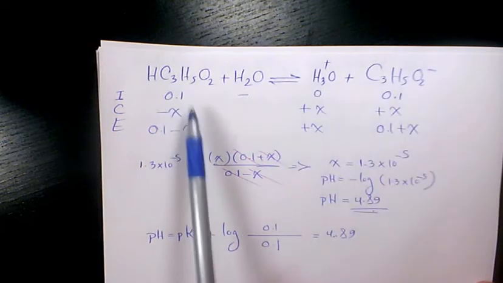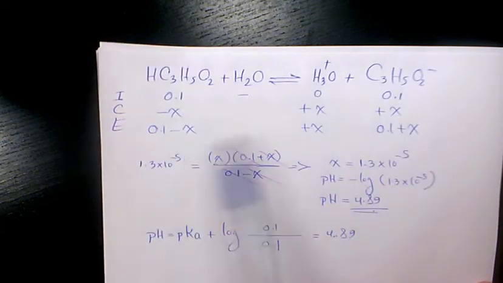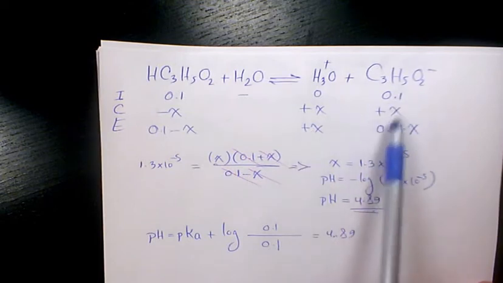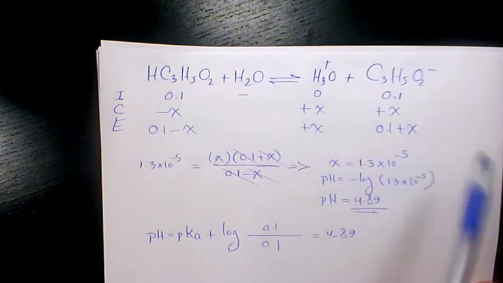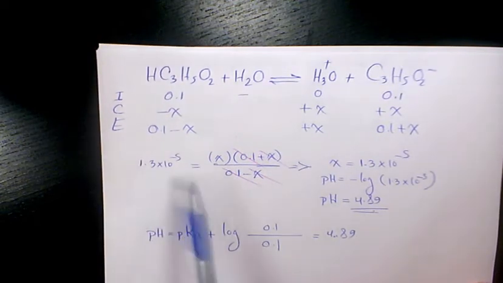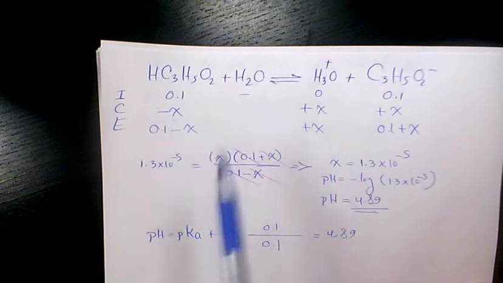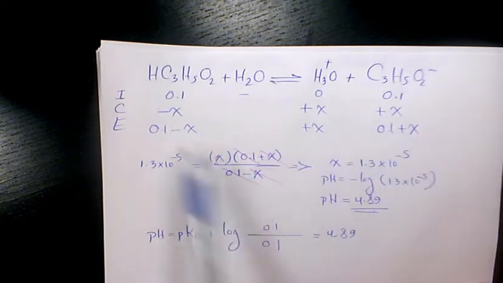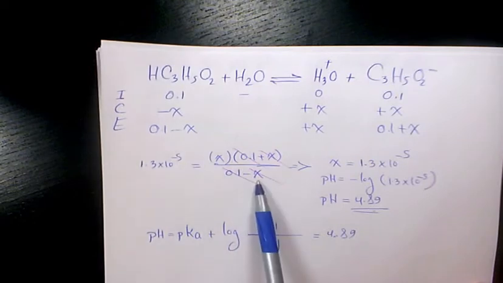So at equilibrium we have 0.1 minus x, and here we have x, and the conjugate base is going to be 0.1 plus x. So then I can say Ka, which is 1.3 times 10 to the power of negative 5 for this acid, equals x times 0.1 plus x divided by 0.1 minus x.